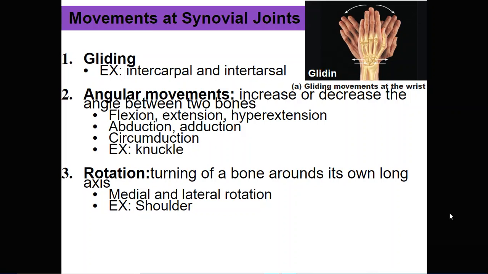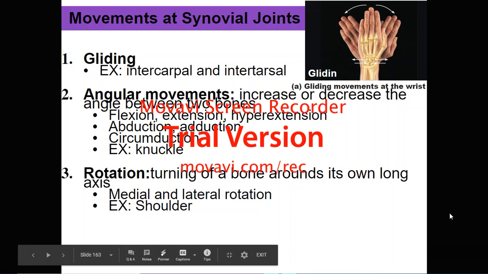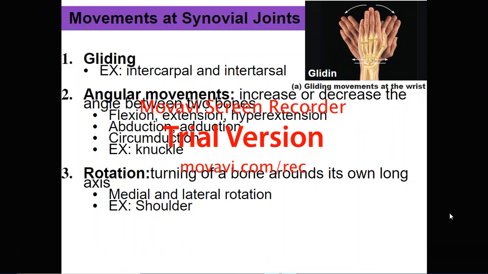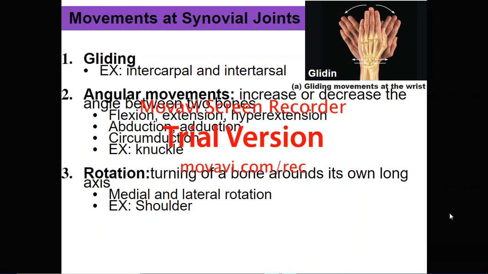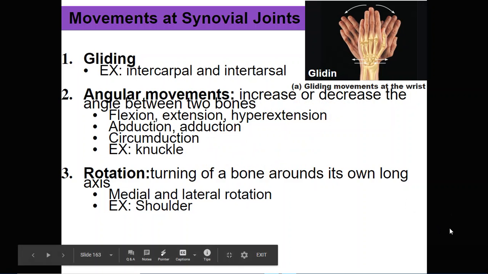Now we're going to talk in a little more detail about the movements at the synovial joints. Again, you have gliding movements, angular movements, and rotation. We already talked about gliding movements, for example at your intercarpal joints. So let's talk about the angular movements. With angular movement, you're going to either increase or decrease an angle between two bones.